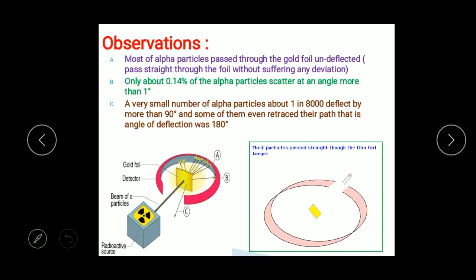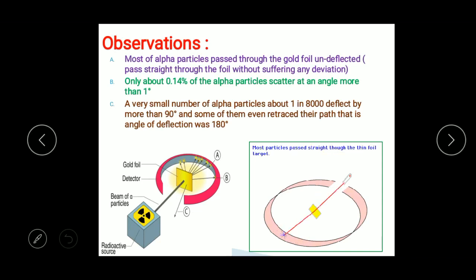Now a very small number of alpha particles, about 1 in 8,000, are deflected by more than 90 degrees, or even retrace their original path, that is, the angle of deflection was 180 degrees.